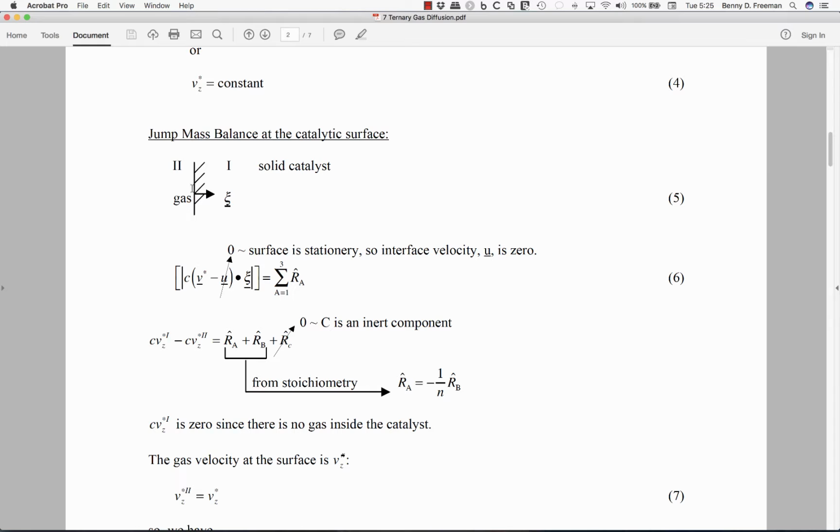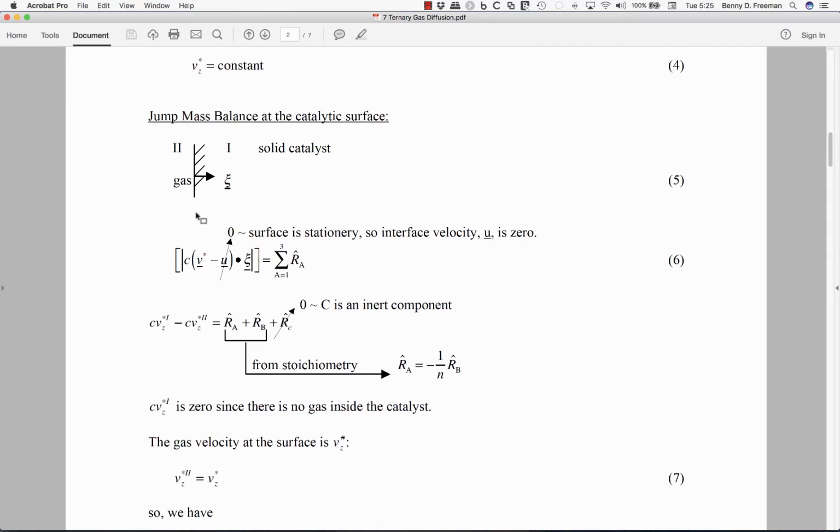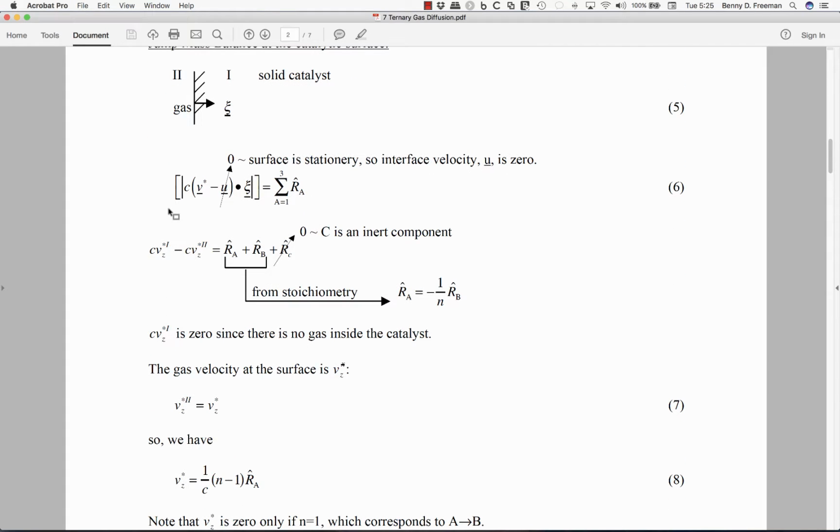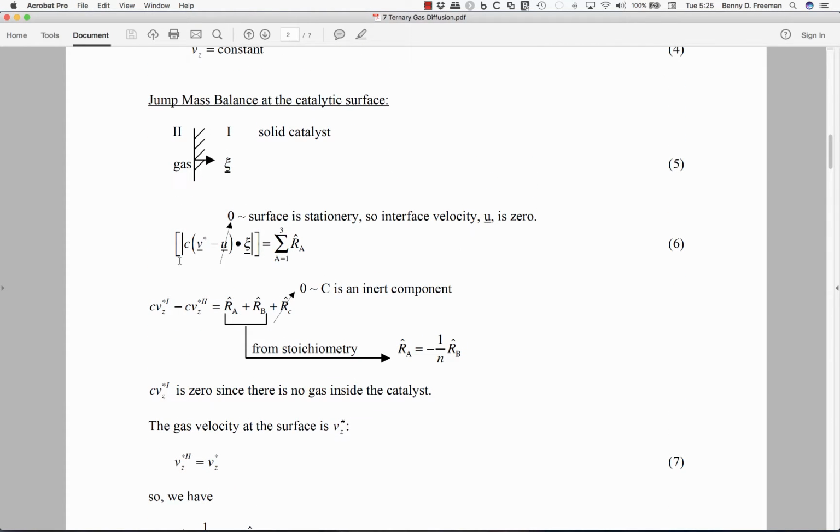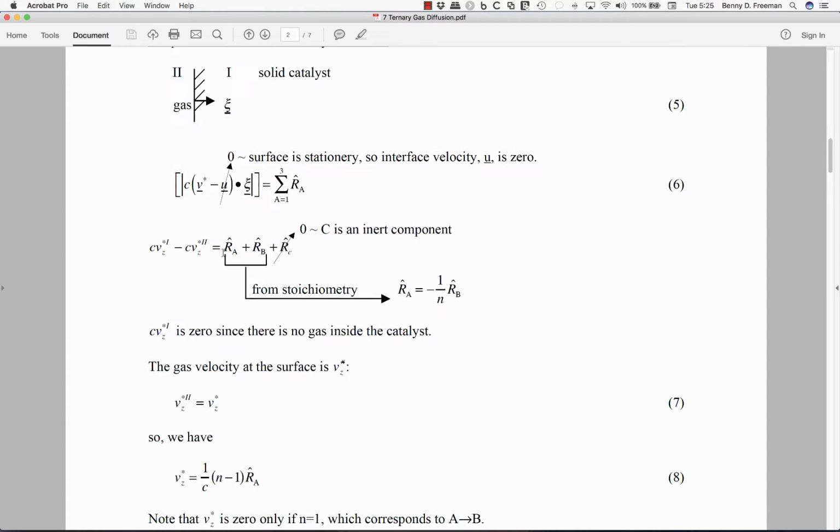And so we consider the solid catalyst to be phase 1 in this case, and the gas that's contiguous to it to be phase 2, and we write the jump mass balance in molar units as shown here. The catalytic surface is not moving, and so this interface velocity u is 0.